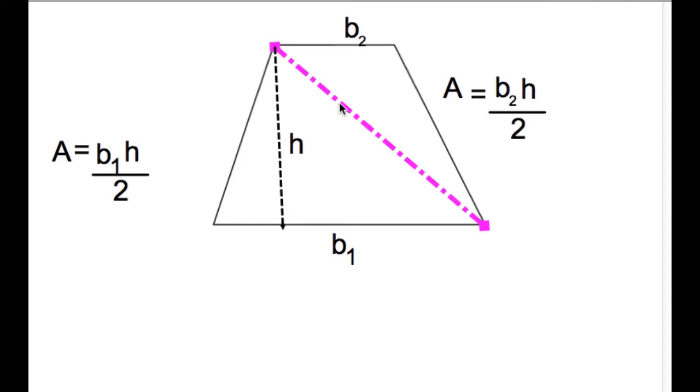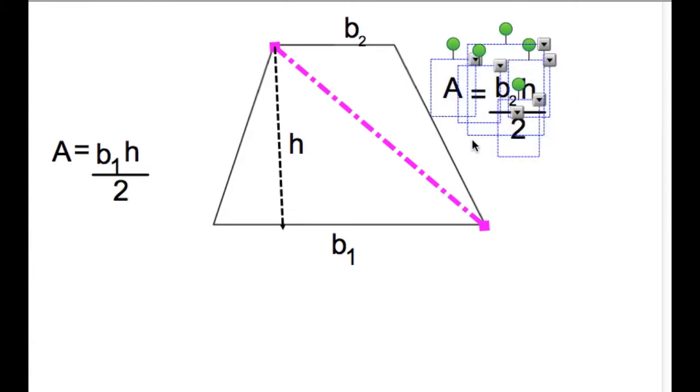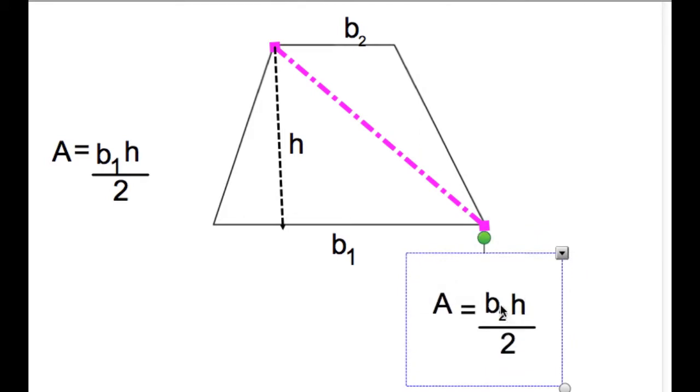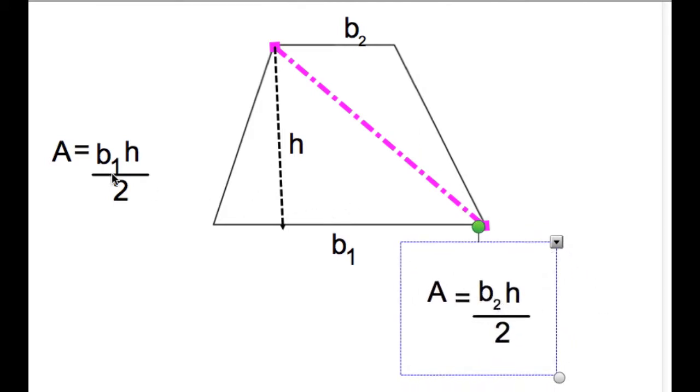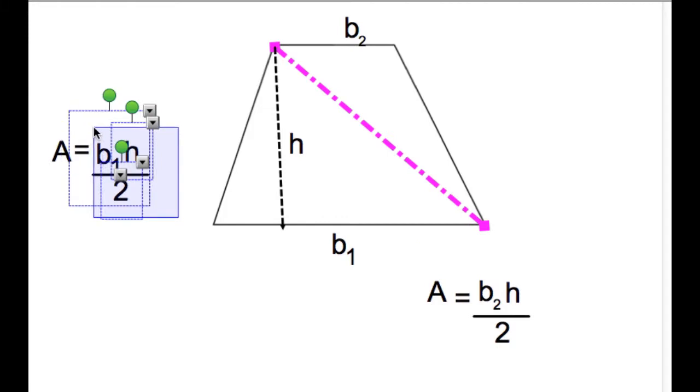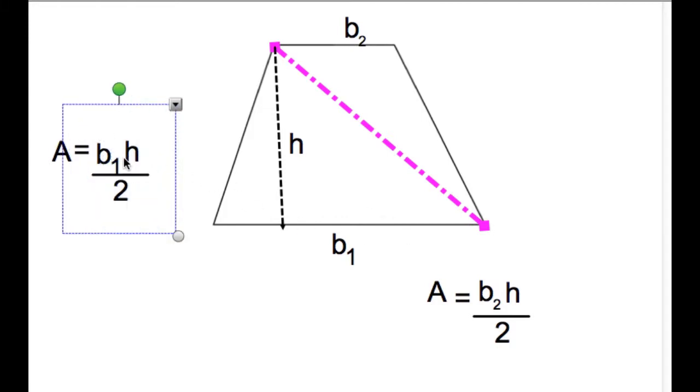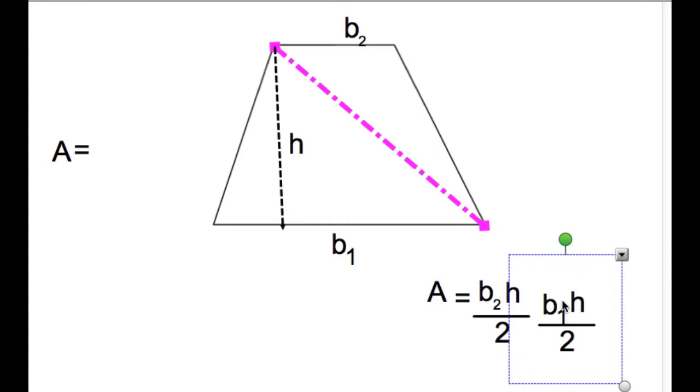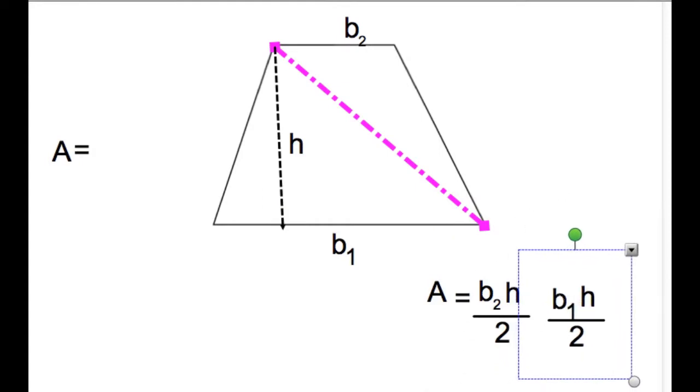Now, as you can see, when I brought those things across, the only thing that's different between those two is going to be the base 2 and the base 1. So I could take these and put them together and say that area is going to be equal to base 2 times height plus base 1 times height.